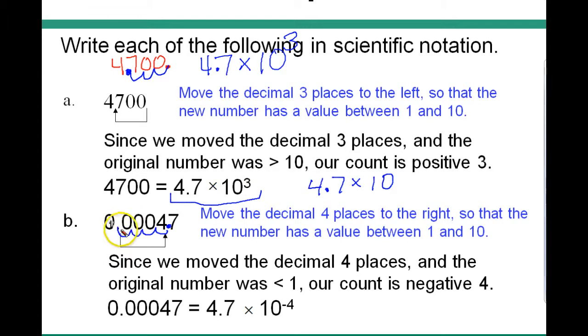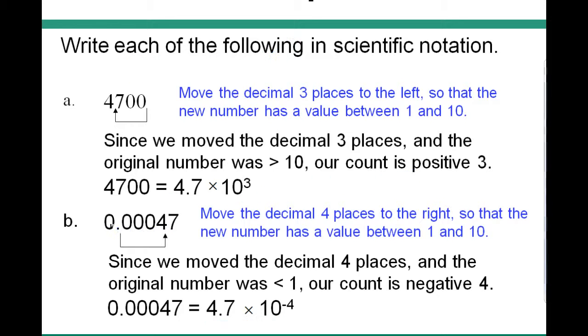And how many places did I move it to the right? 4. Now moving it to the right makes it a negative exponent. And there it is in scientific notation. You'll have some practice with this on your mini lecture booklet.